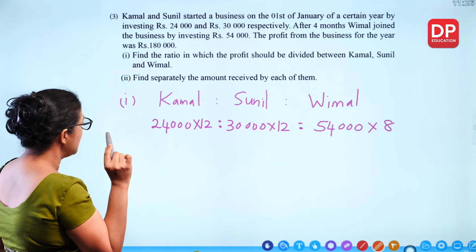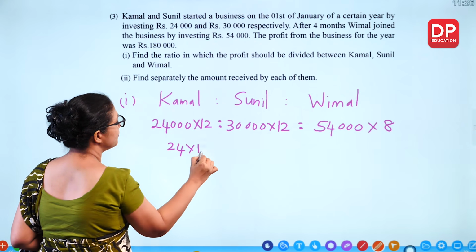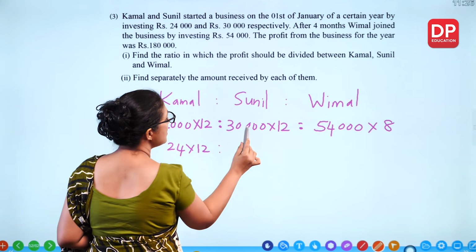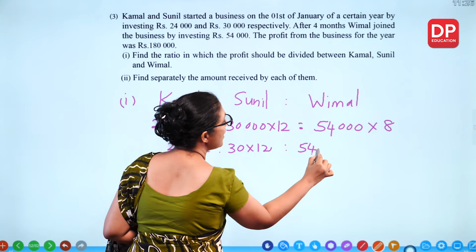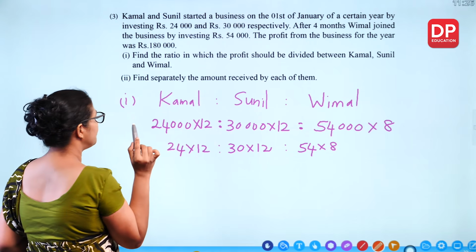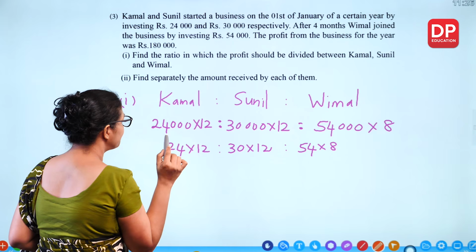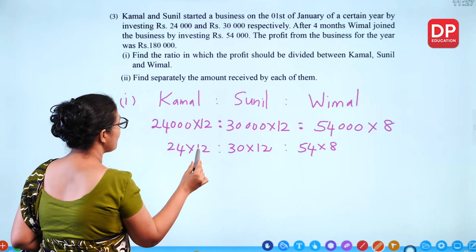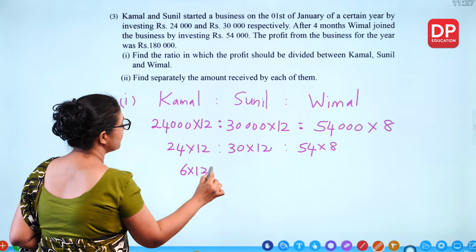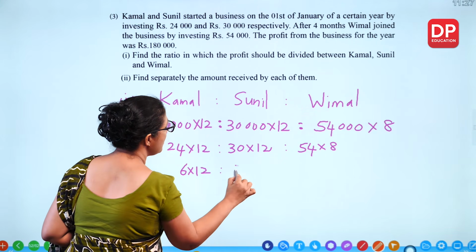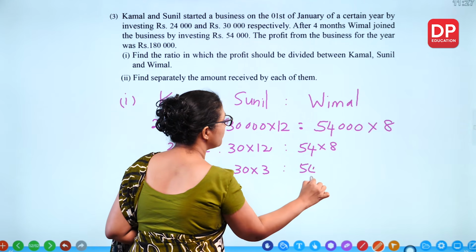Now simplify. Divide by 1000. 24 and 12. Divide by 1000. 30 and 12. Divide by 1000. 54 and 8. You can divide this by 4. Divide this by 4. You get 6 into 12. 3 into 30. And divide by 4, you get 54 into 2.